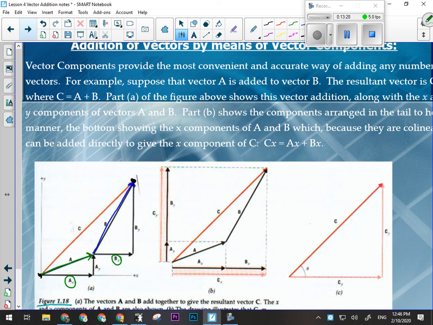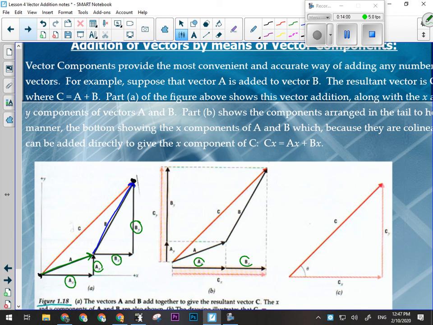This is why we call it vector component addition. I'm finding the components that match each other, the horizontal ones, and putting them together. Then I take the vertical ones, Ay and By, and put them together, which gives the total up that the object went, as you can see in the second diagram. Ax and Bx add up to the total horizontal amount, and Ay and By add up to the total vertical amount.